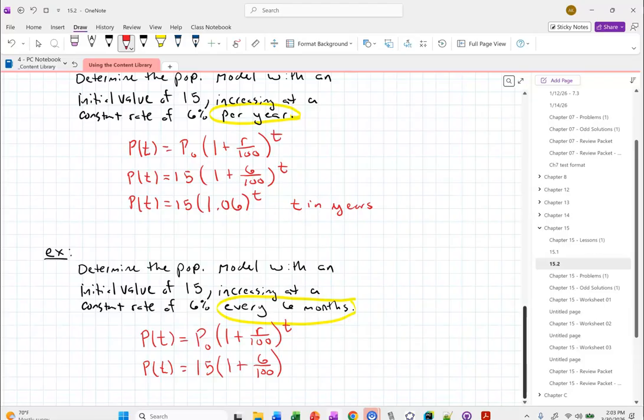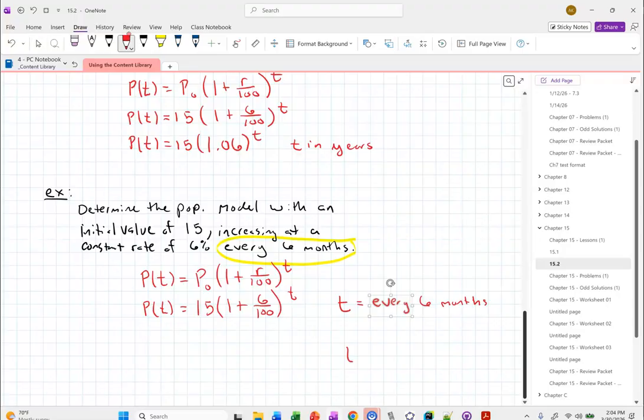Put in the T. Either I can say T is equal to every 6 months, which kind of stinks because whatever my answer for T is, I'd have to convert into 6-month groupings. Or what makes more sense is to have T in years. How many 6-month intervals are in 1 year? 2. So I'll have 2t.